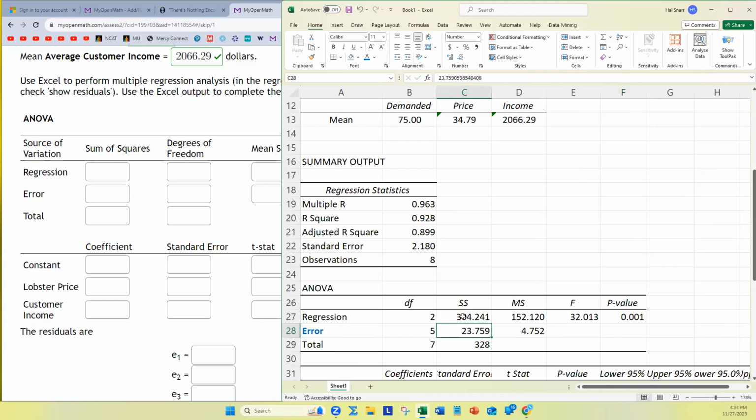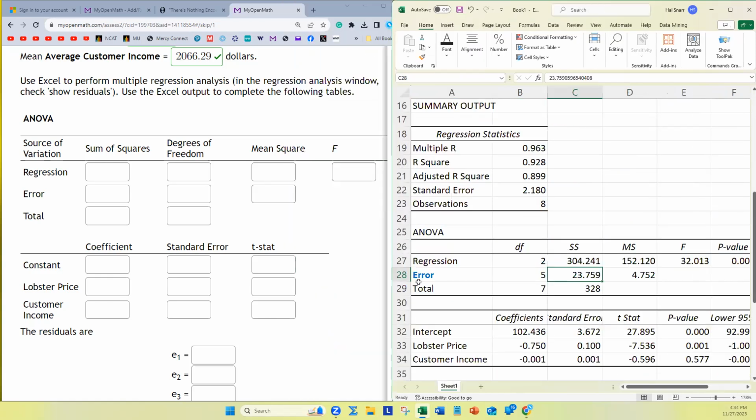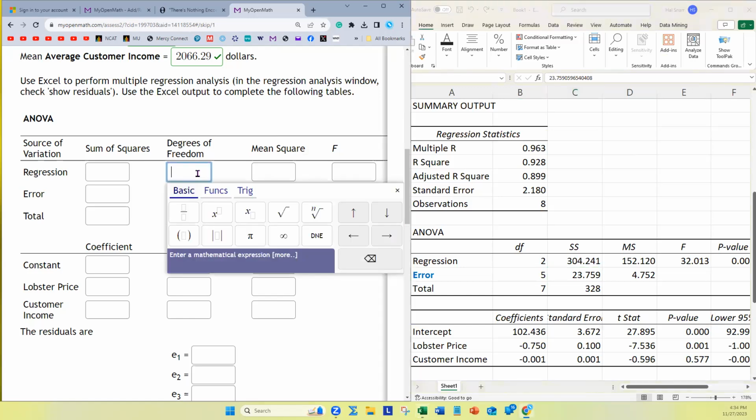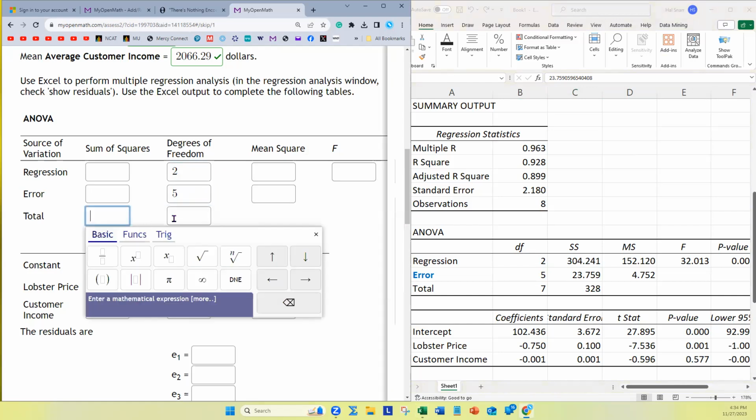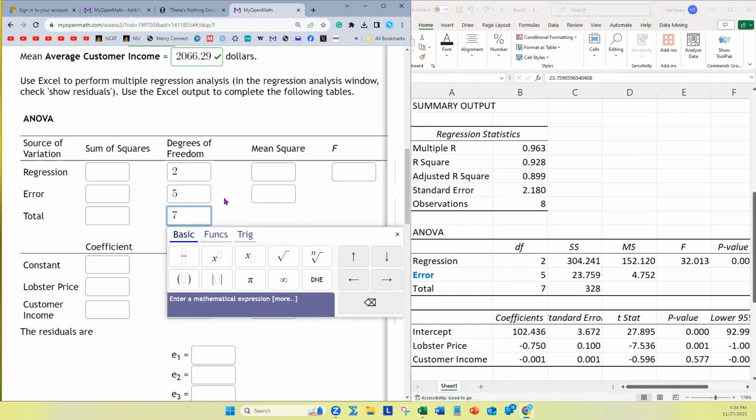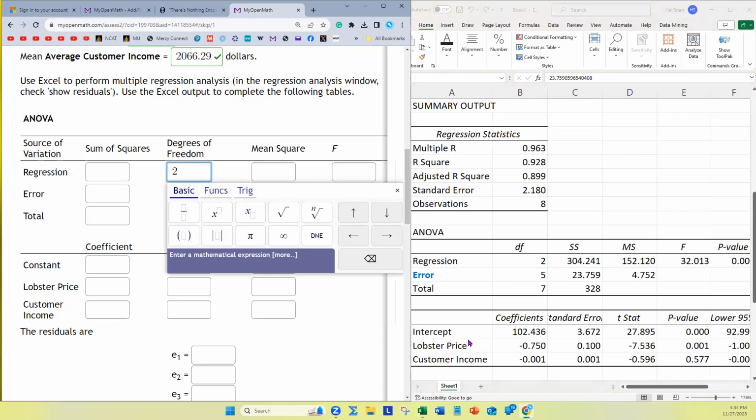Okay, so we got to fill in our information here, right? The degrees of freedom are 2, 5, and 7. Now, why 2?